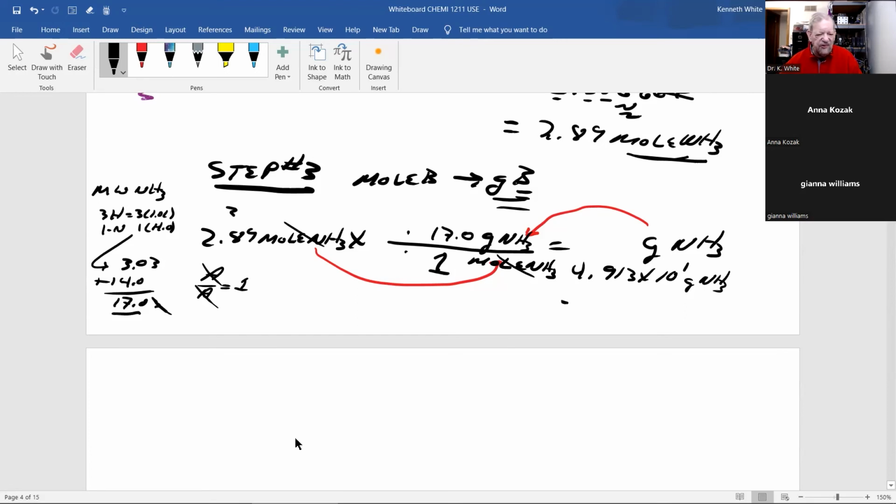But this is 3 significant figures, and 17.0 is an exact number. Therefore, lowest is 3. Round this off to 3 significant figures. Keep the 4, keep the 9, keep the 1. Use that to round off. It's 4 or less.